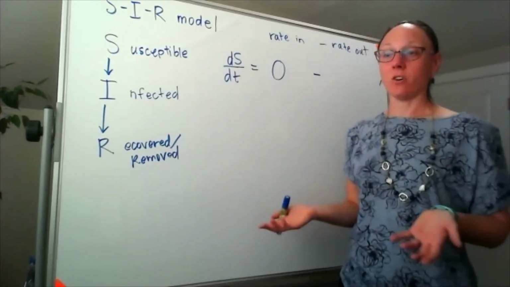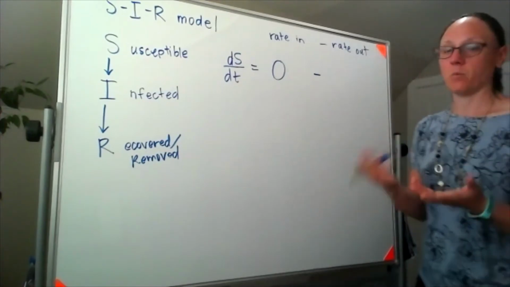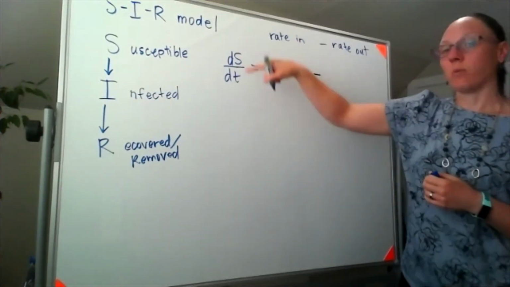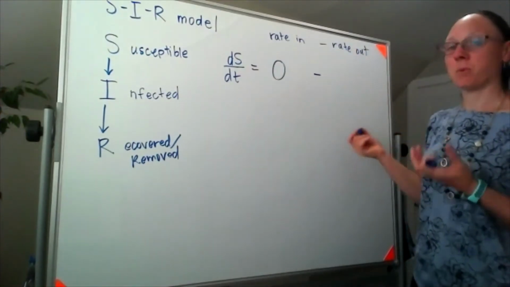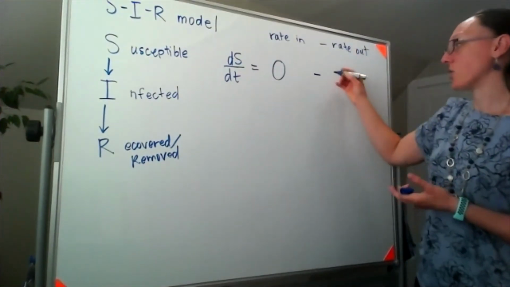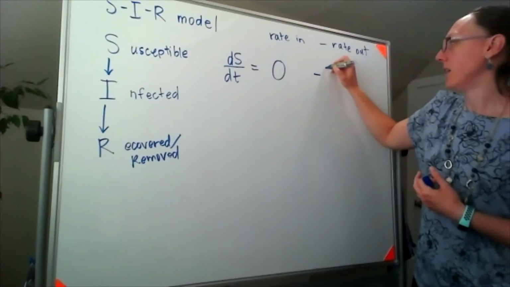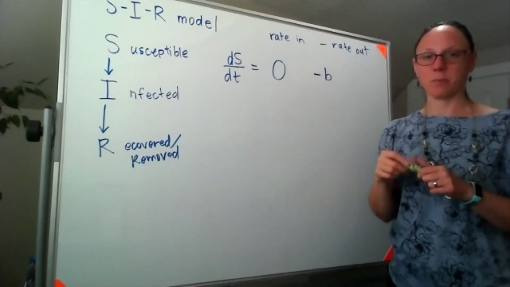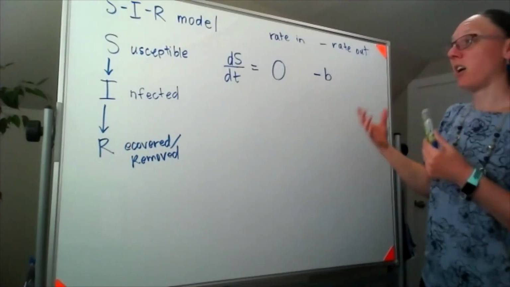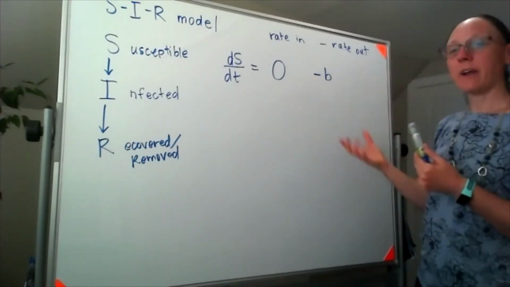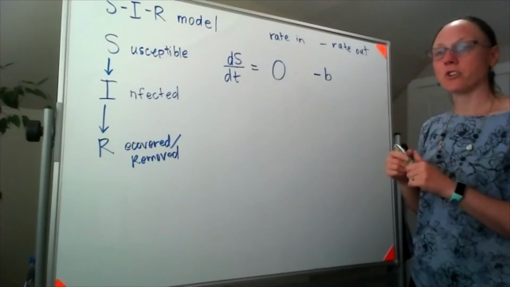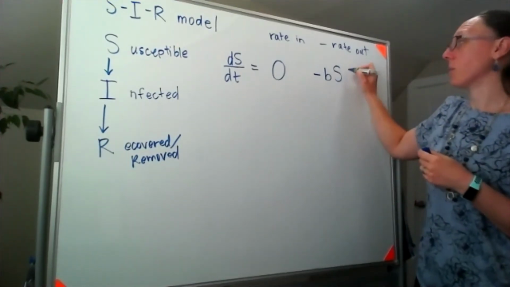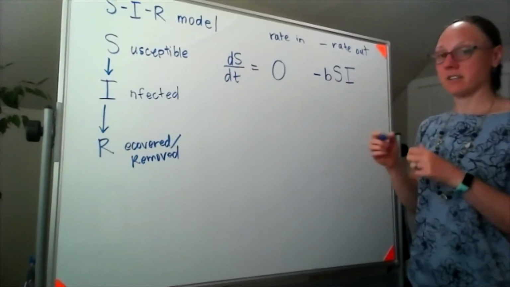This particular model that was discussed in class the other day assumes that that rate of infection is proportional to, meaning it's equal to a constant times, and I'm going to use B because that's the constant that our textbook uses, a constant times the interaction rate between our susceptibles and our infecteds.